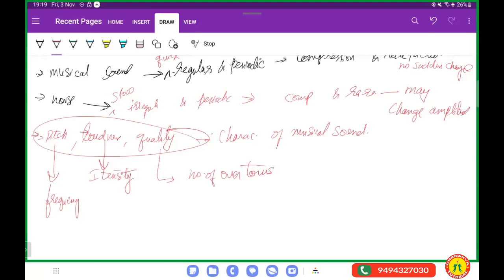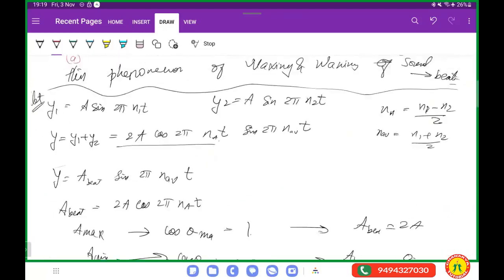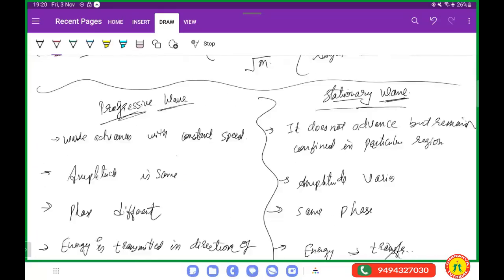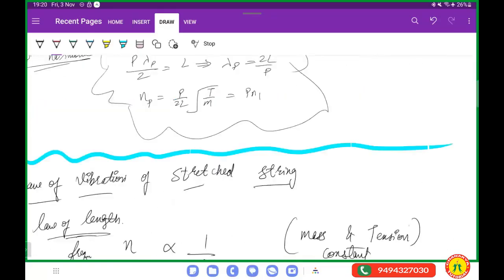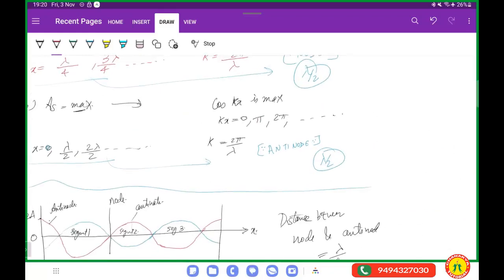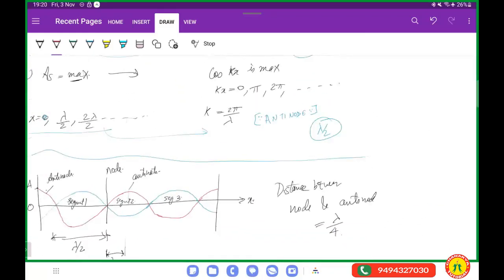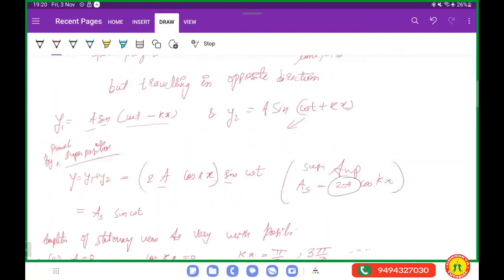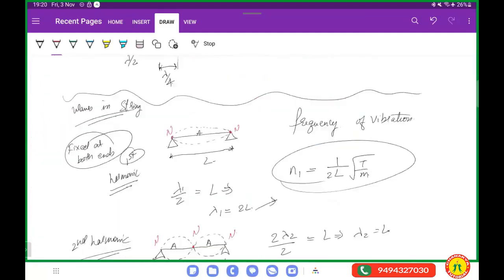It is also a what? We wrote before itself. Where is the diagram? Yeah. Okay. There only somewhere we wrote.